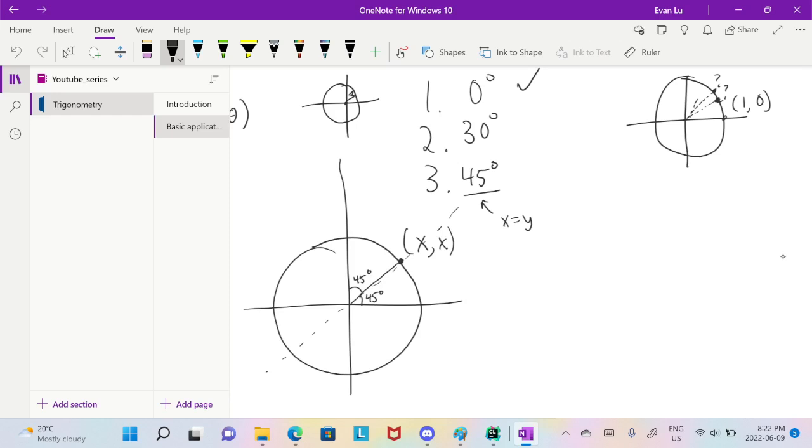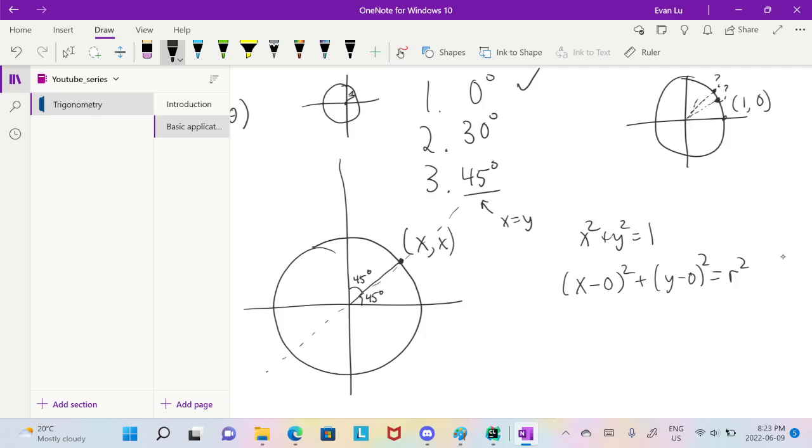Now, how can I try to find the value of x? Well, I know that it's on the circle, and the equation of the circle is x squared plus y squared is equal to 1. And if you're wondering where that comes from, it just comes from the distance formula. So the distance formula states that x minus 0 squared plus y minus 0 squared is equal to r squared.